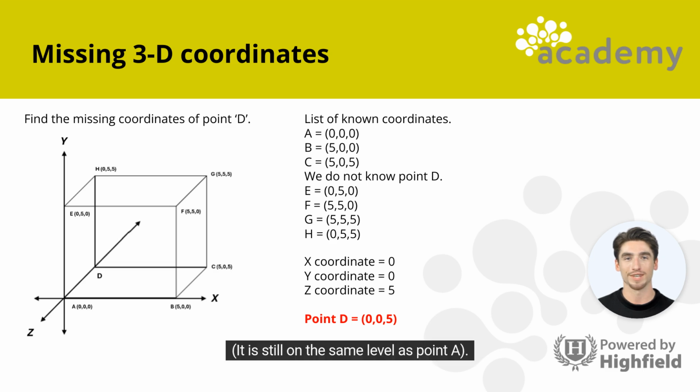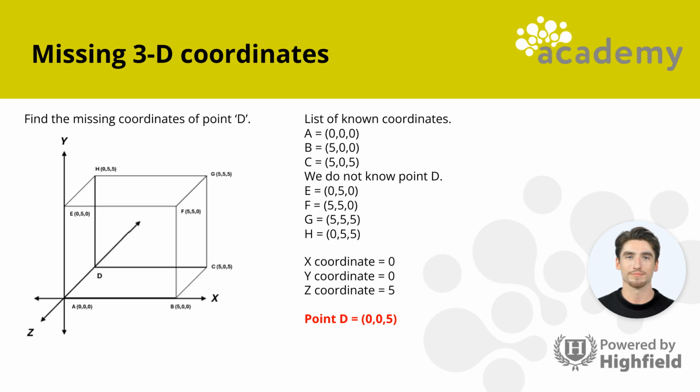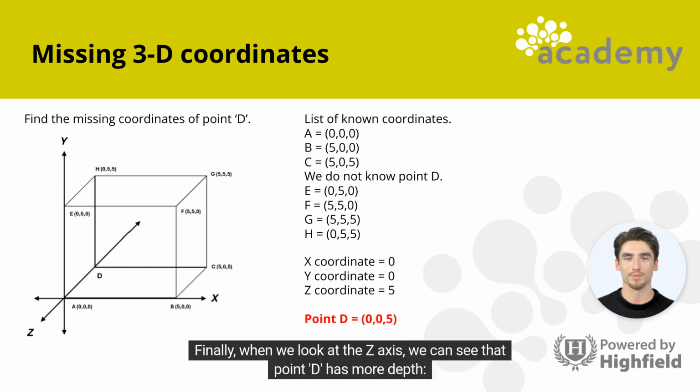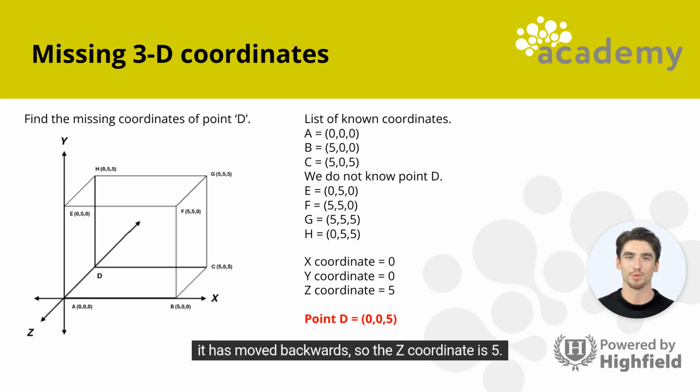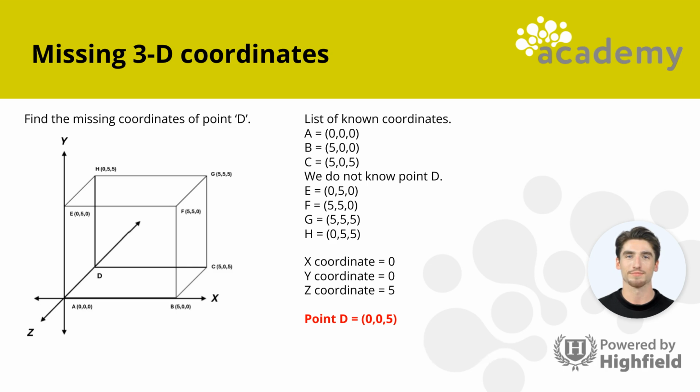It is still on the same level as point A. Therefore, the second coordinate is 0. Finally, when we look at the z-axis, we can see that point D has more depth. It has moved backwards, so the z-coordinate is 5. Point D's coordinates are 0, 0, 5.